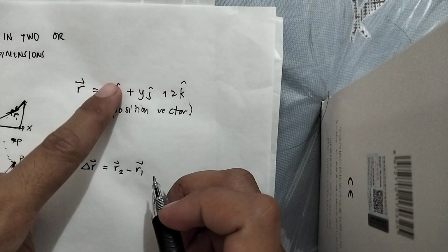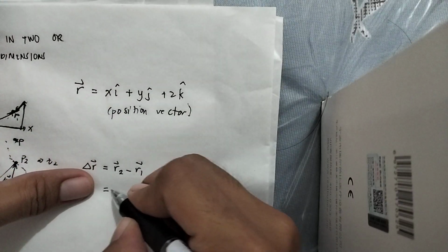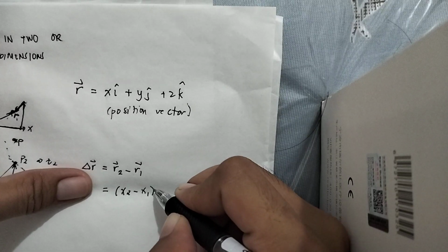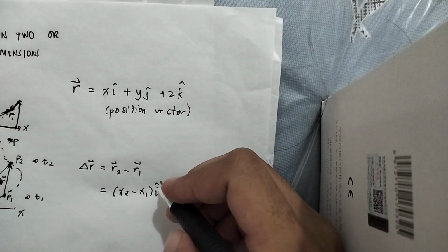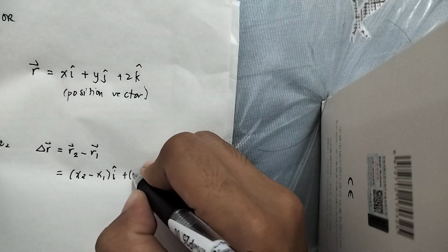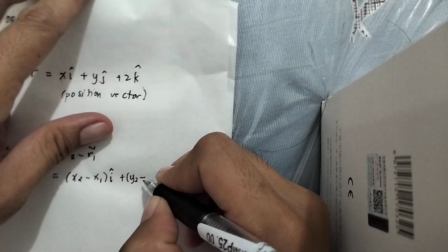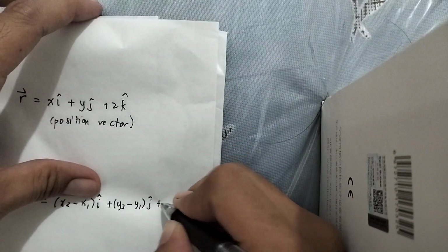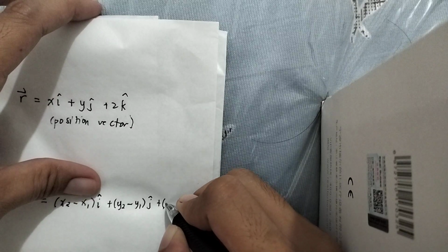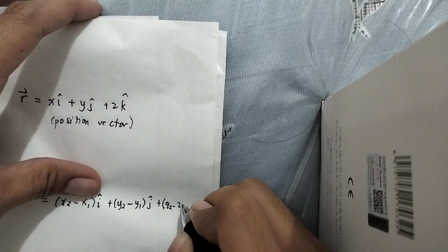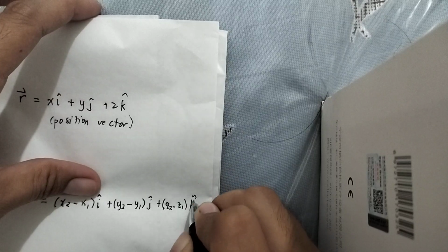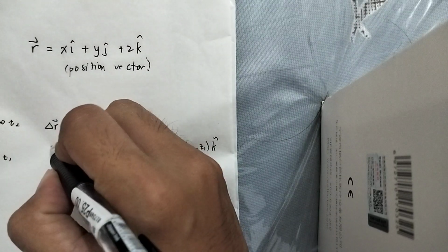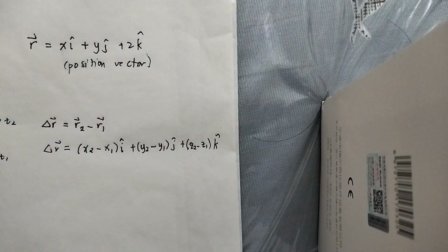If we represent it in components, x2 minus x1 times i hat, plus y2 minus y1 times j hat, plus z2 minus z1 times k hat. So, when there is a change, that is your displacement.